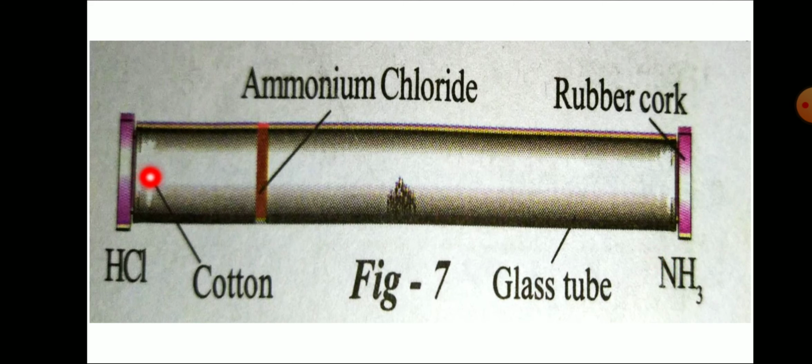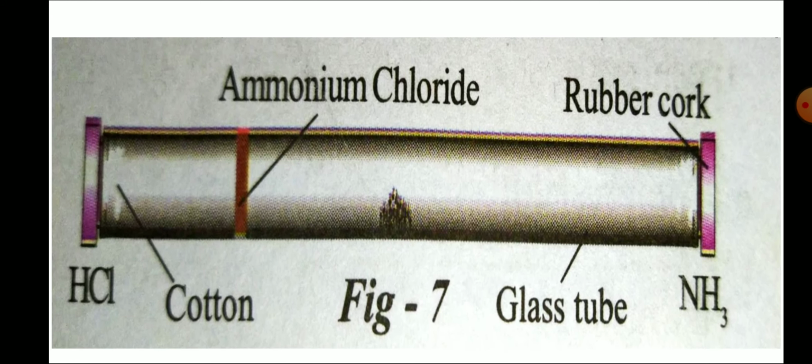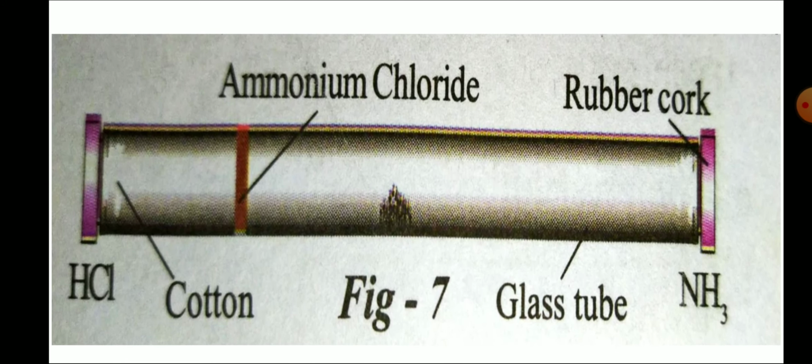What we have to do in this experiment is take two cotton pieces. One is dipped into hydrochloric acid and the second one is dipped into ammonia.